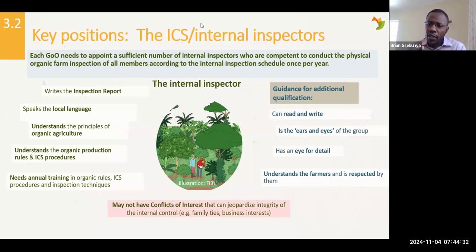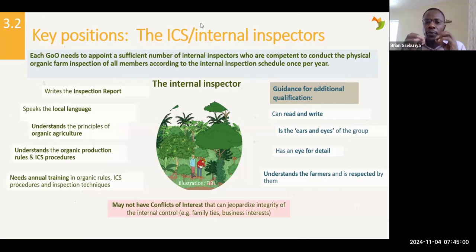inspector. And what is not indicated here, and this is a recommendation, the internal inspector should understand the language of the farmer, for practical reasons, because you need to converse, you need to communicate. You don't want to have a translator, where whatever question they ask, another person translates it, and then they miss out some words.